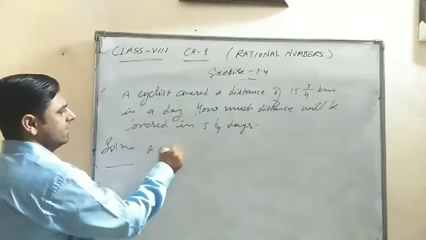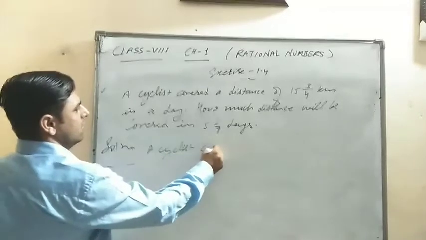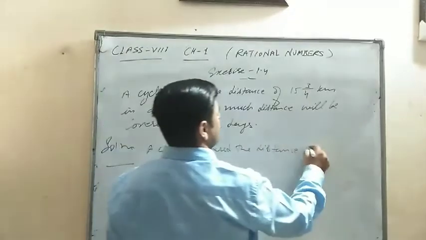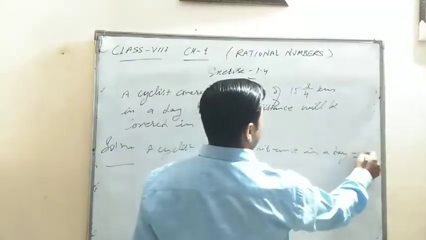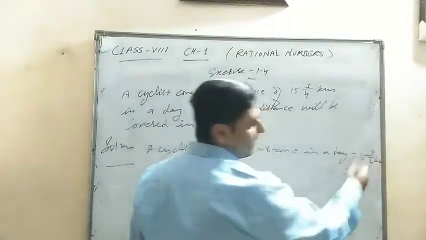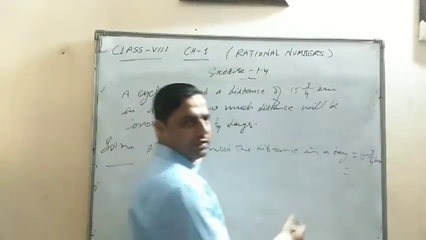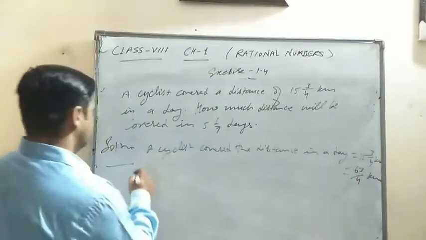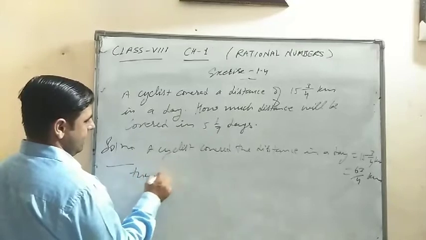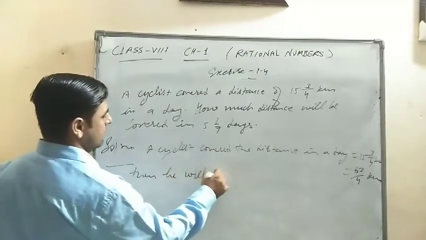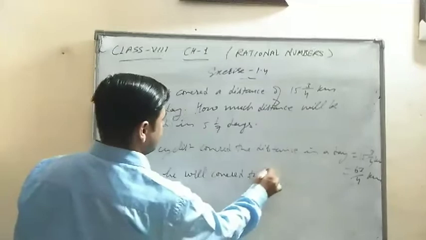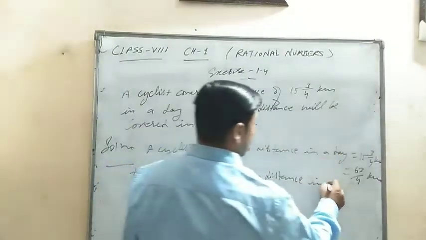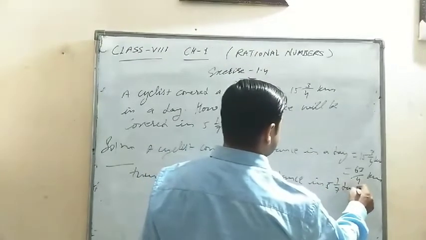The cyclist covers the distance in a day of 15 whole 3 by 4 kilometers. Its meaning is 15 4 is 60, 63 by 4 kilometers. Then he will cover the distance in 5 whole 1/7 days.